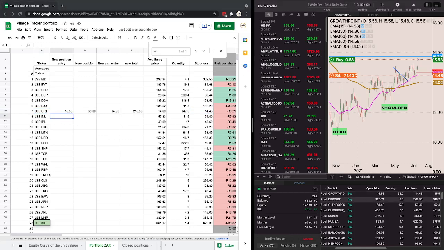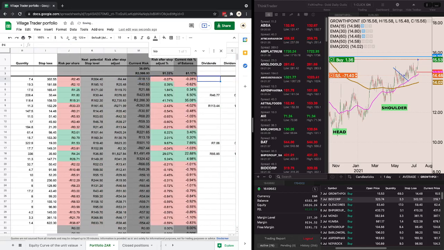Okay, now Bidcorp. So looking for Bidcorp there. I got filled at 320.74, and we added 3.3 shares. So now my new average entry price is, what is it, 305, and I now own 7.4 shares in total. And just quickly have a quick gander at the risk.